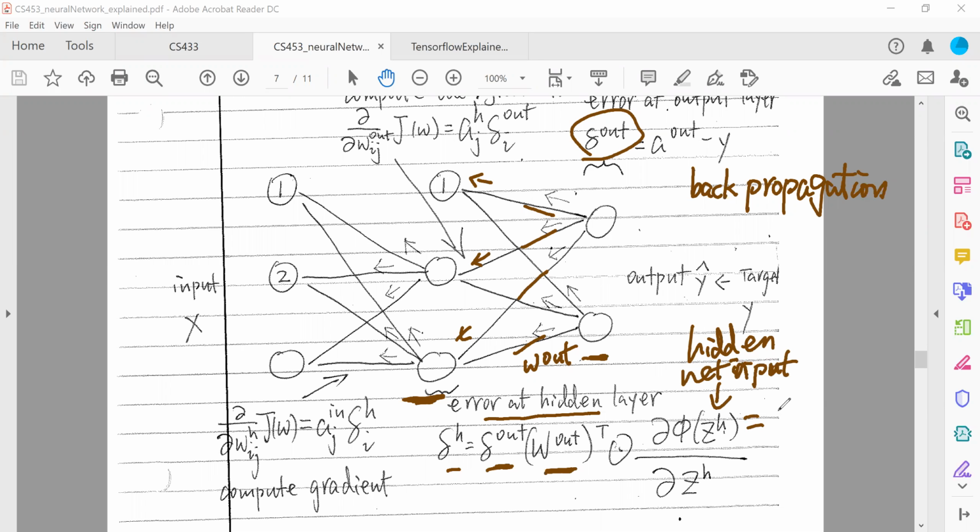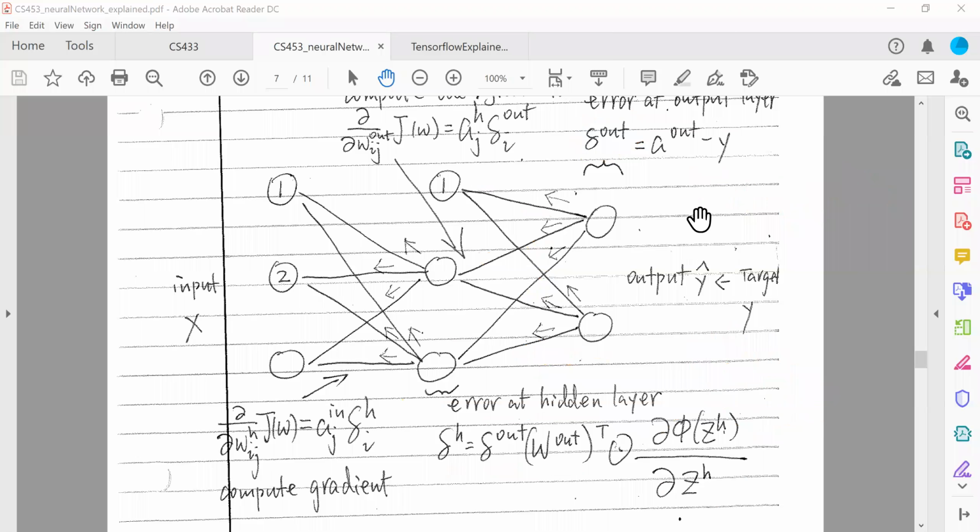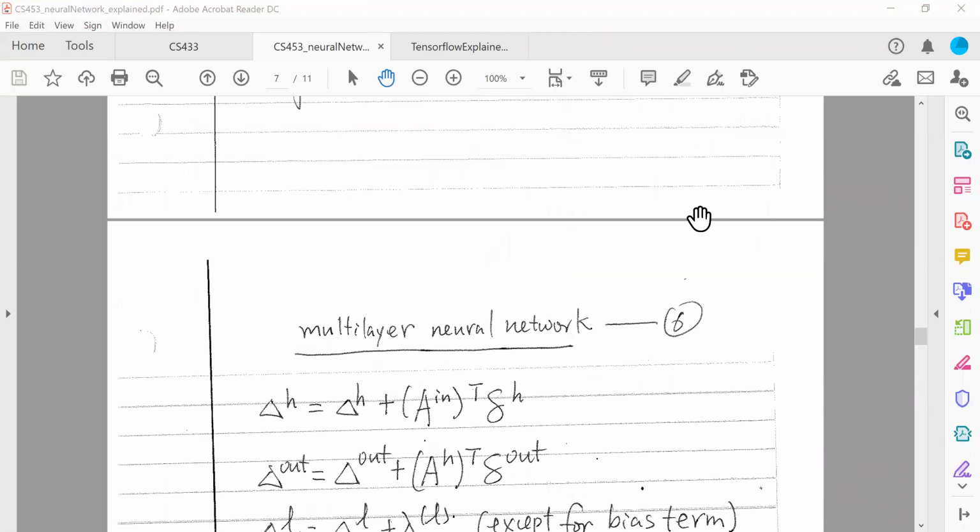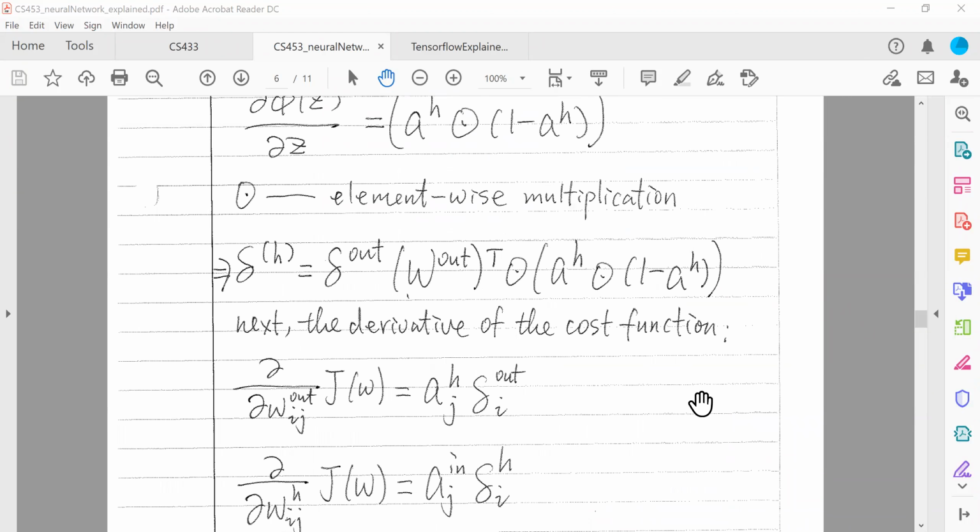The net input is the weight times the corresponding previous layer's activation output, and you take the derivative of this. This is also easy to find.